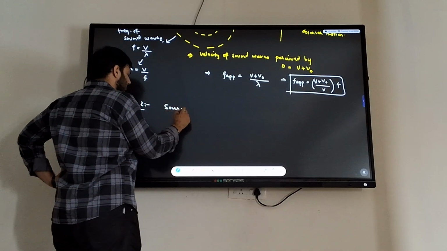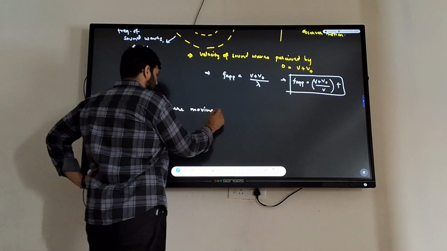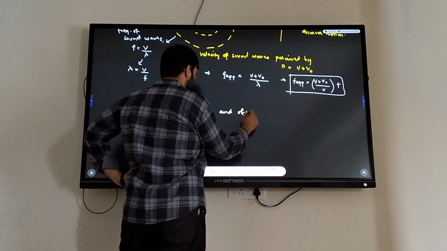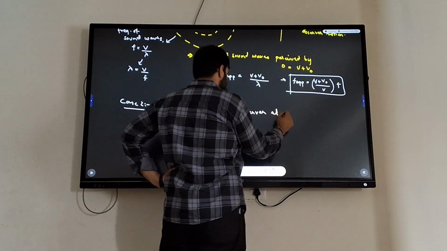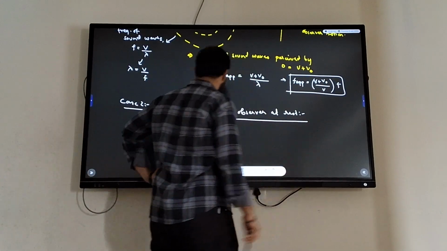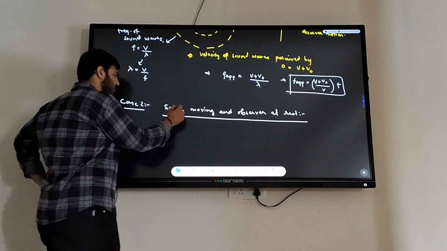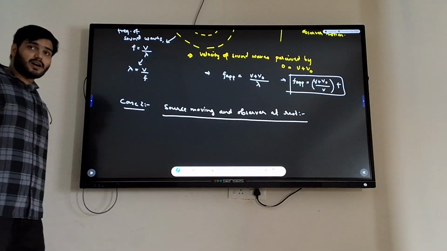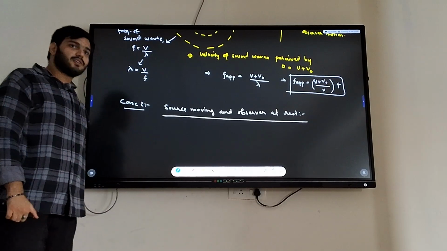Source moving and observer at rest. Now tell me, will there be a change in wavelength or not?